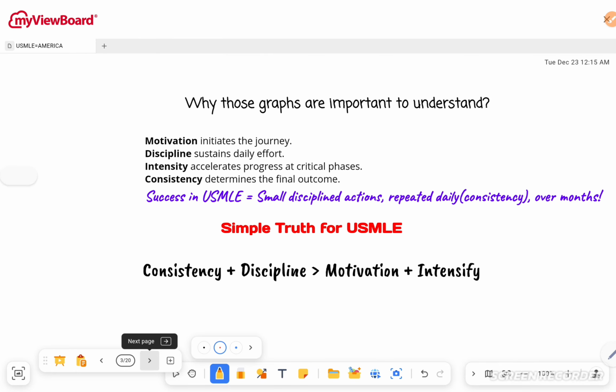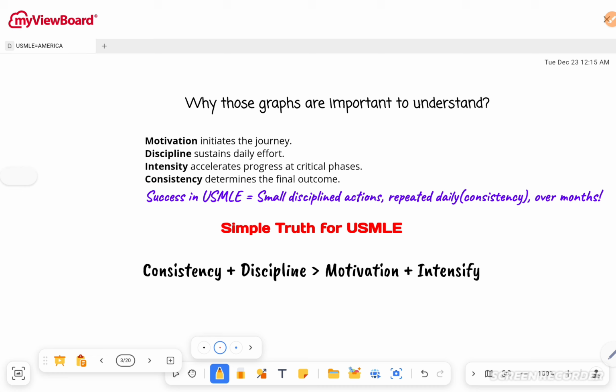But why have I shown these graphs and why are they important to understand? Simple: motivation initiates the journey, discipline sustains daily effort, intensity accelerates critical phases, consistency determines final outcome.